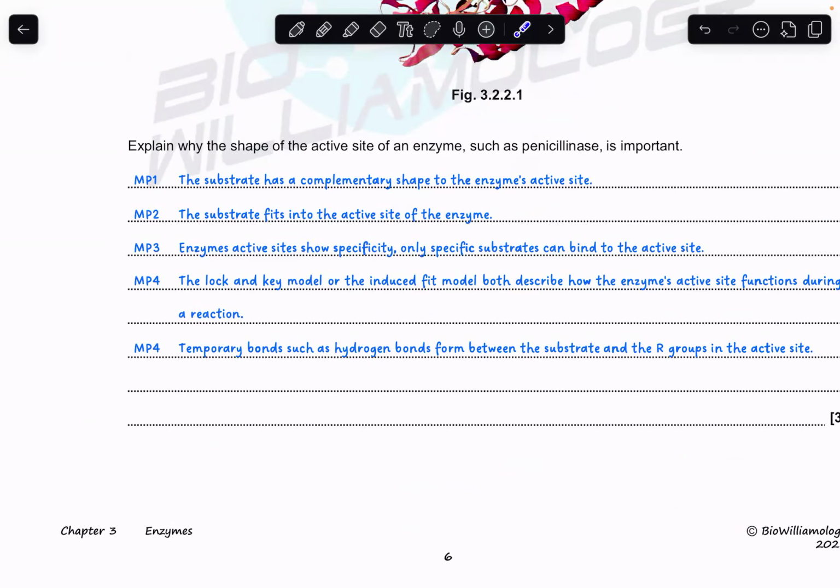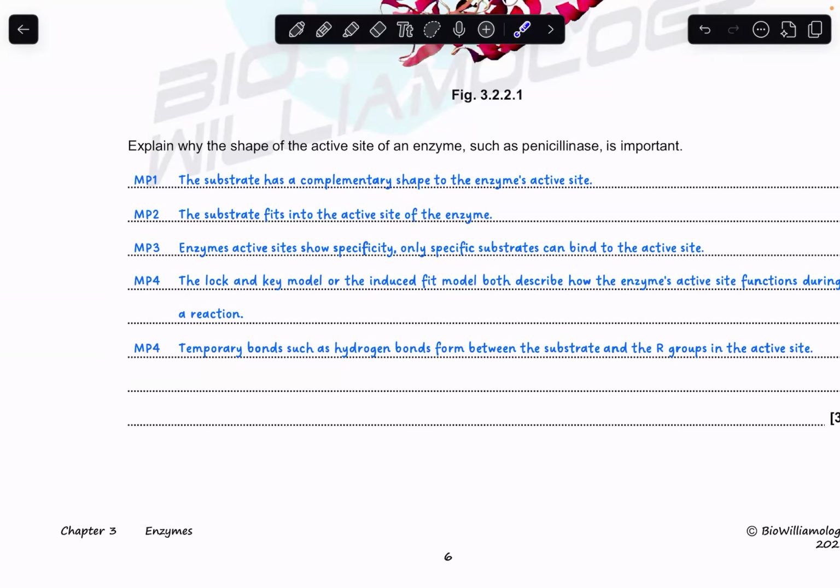We need to talk about complementary shape and specificity in this case. In terms of specificity, the substrate has a complementary shape. Highlight the words: whenever we talk about complementary, you must include the word shape. Don't forget, a lot of mark schemes award the marks when you put in the word shape.